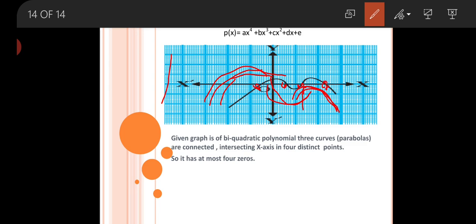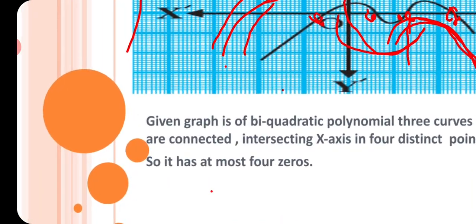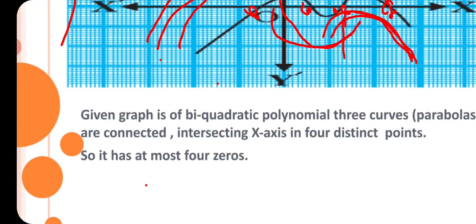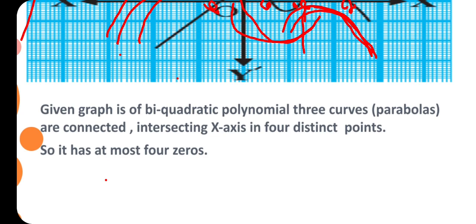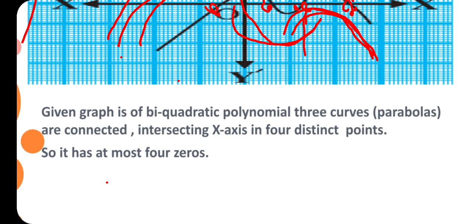So the given graph is of a biquadratic polynomial. Three curves, three parabolas are connected, intersecting the x-axis in four distinct points. So it has at most 4 zeros.